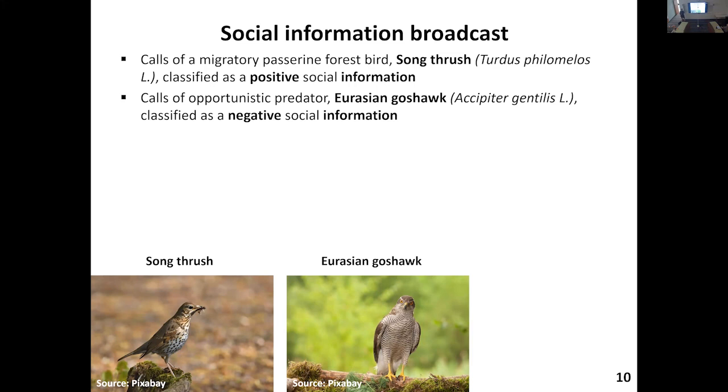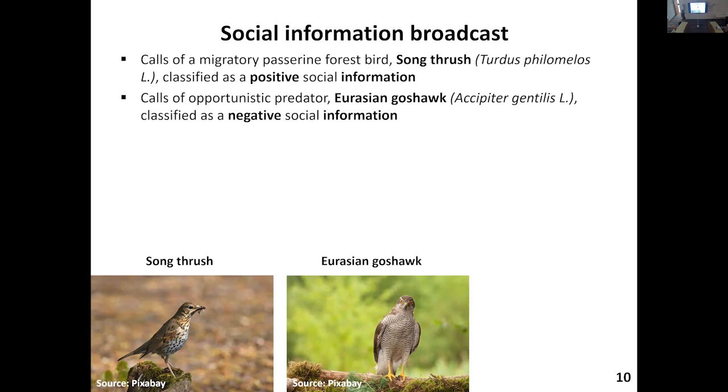And our preliminary data suggested that its abundance was positively correlated with the abundance of other forest species. As negative information, we used the calls of an opportunistic predator, the Eurasian goshawk.